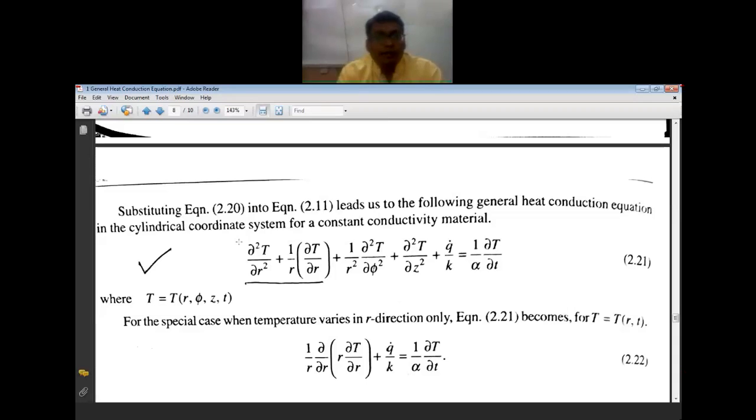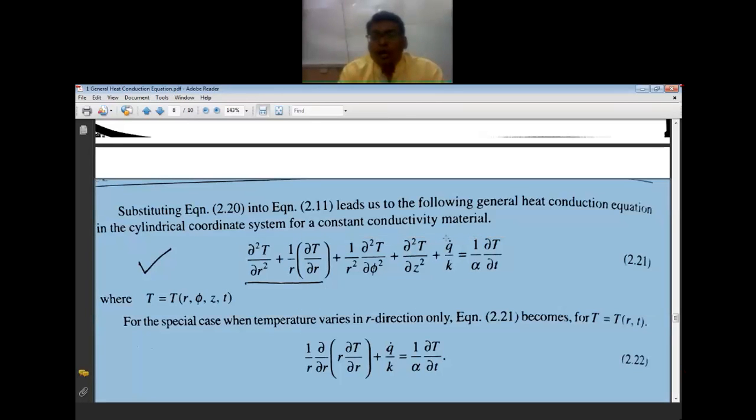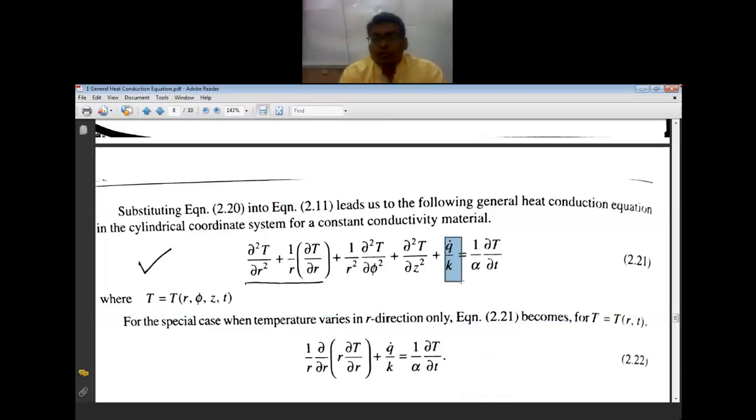Okay, this is the final form of the general heat conduction equation in the cylindrical coordinate system. Here also I can reduce this to the no heat generation, unsteady state condition, only in one direction condition.